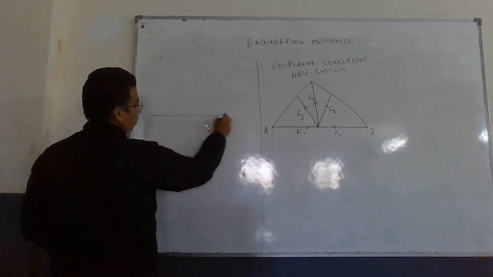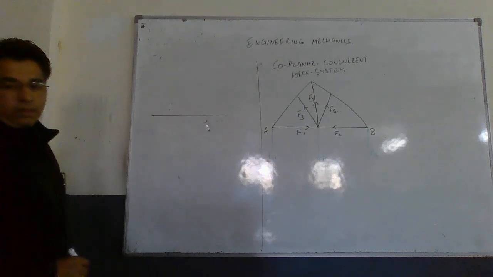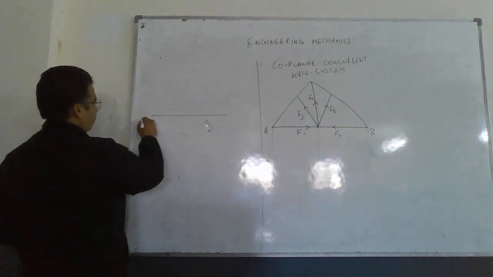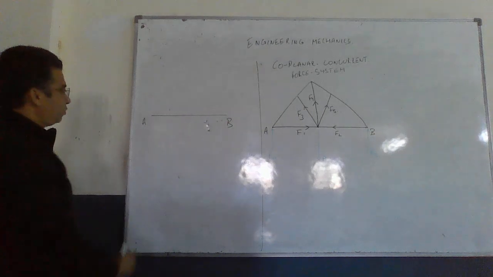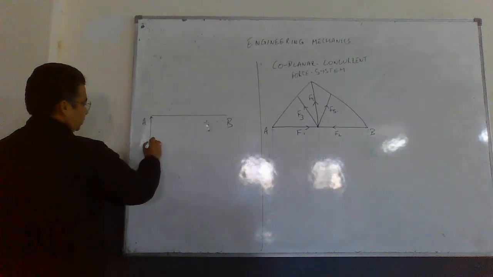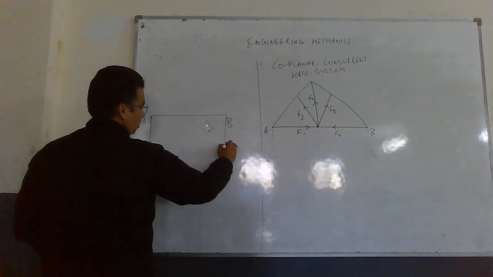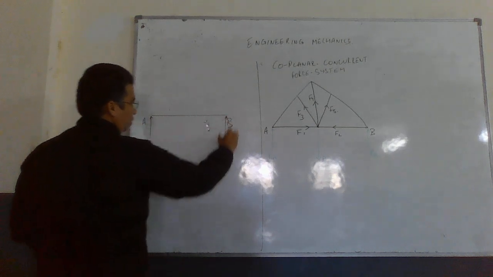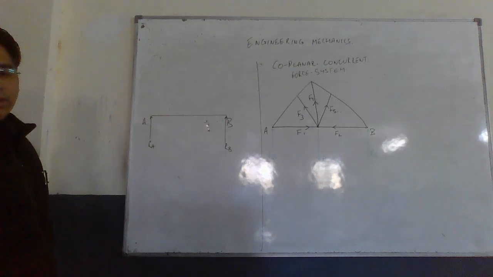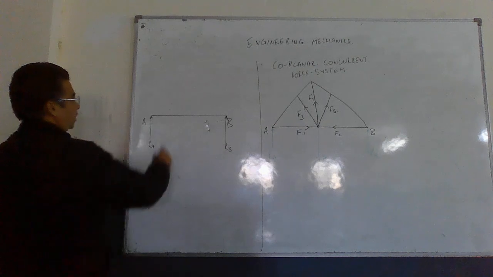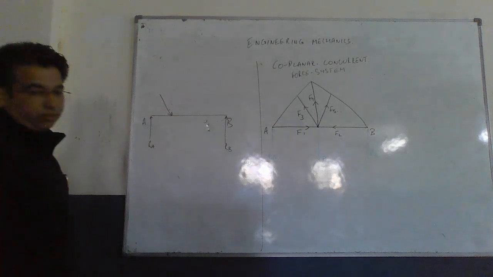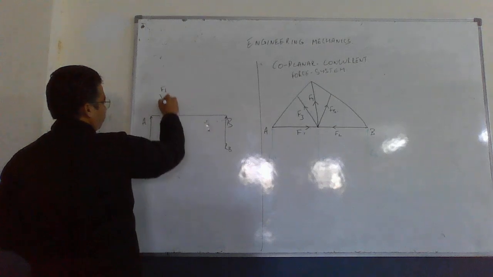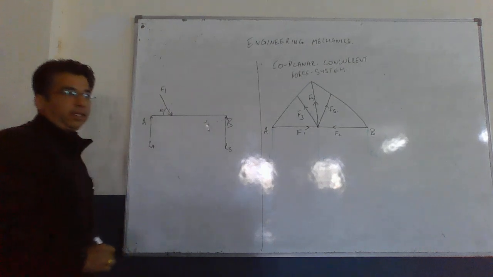So this will be point A, point B, and we have the reactions that are represented as RA and RB. Okay, then you have the force that is coming in this direction. I am representing this force as F1, and this F1 force is at a particular angle theta.